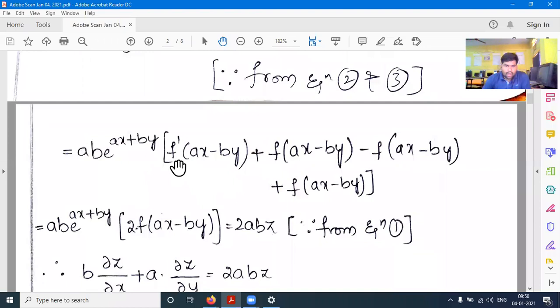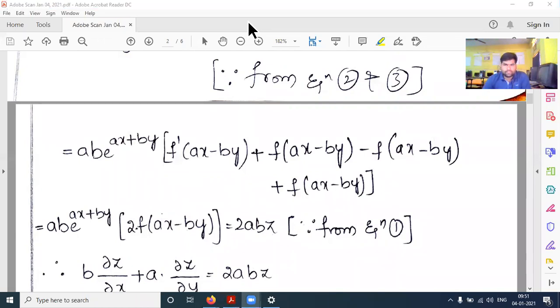Okay, so it is ab e power ax plus by into f dash of ax minus by plus f of ax minus by minus f dash of ax minus by plus f of ax minus by is there.